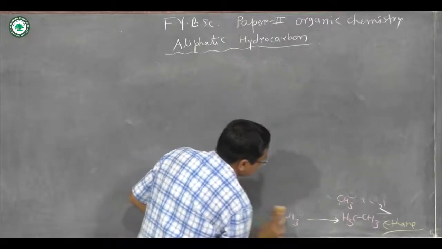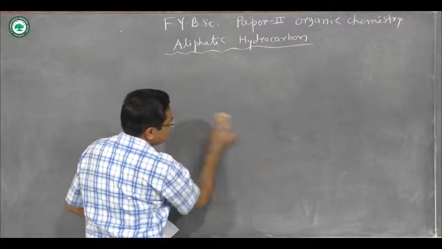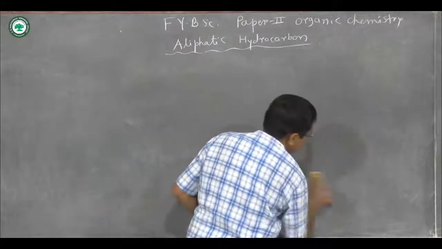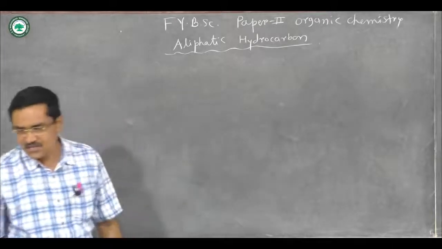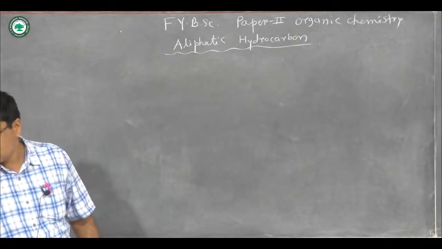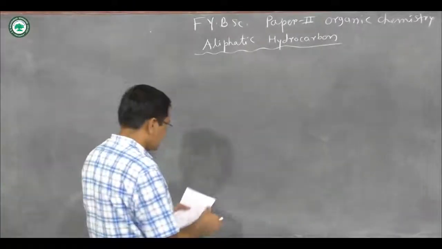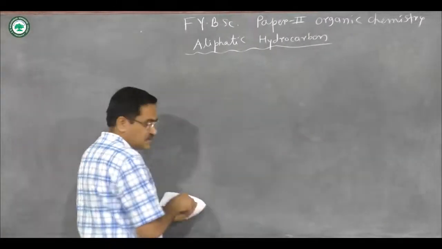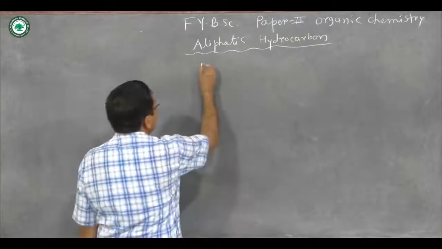There are a total of 4 methods. From these, with the help of 2 methods we can prepare only higher alkanes, and from the other 2 methods we can prepare the lower alkanes also. Then, reactions of alkanes.